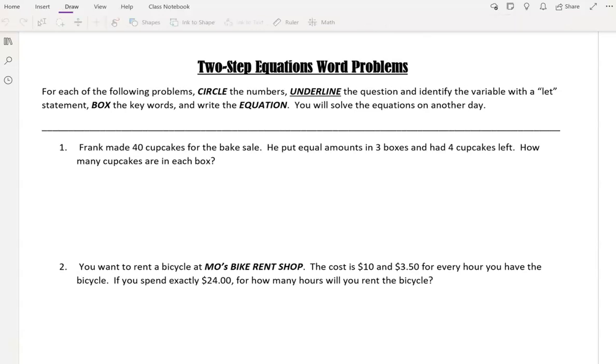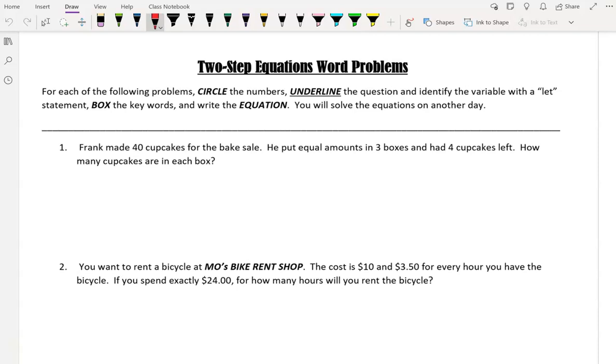You were supposed to circle the numbers, underline the question, identify the variable with a let statement, as in let x equal whatever the number of whatever it is, and then box the keywords and phrases. Then write the equation and then solve.